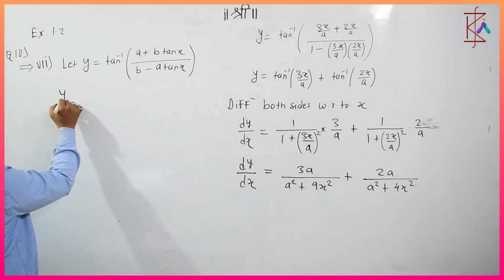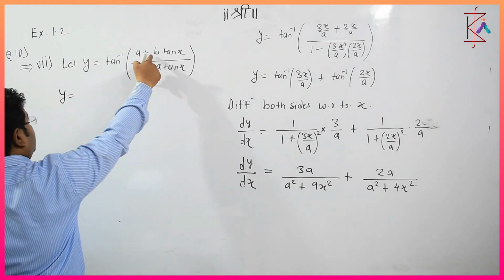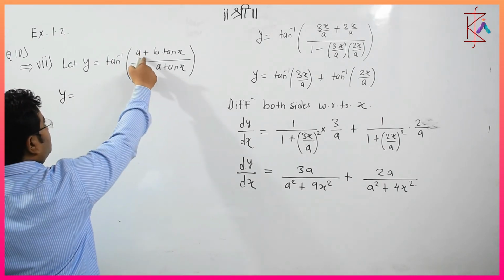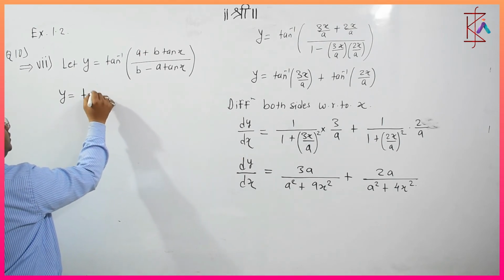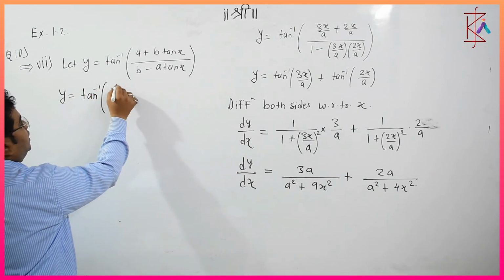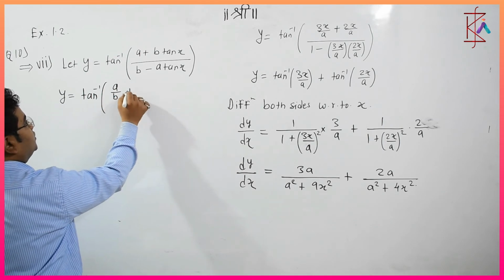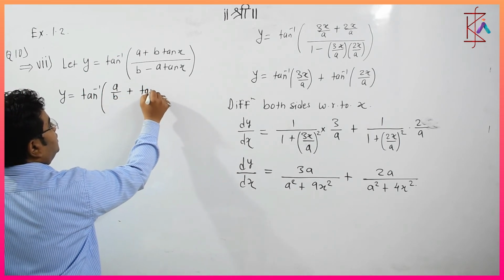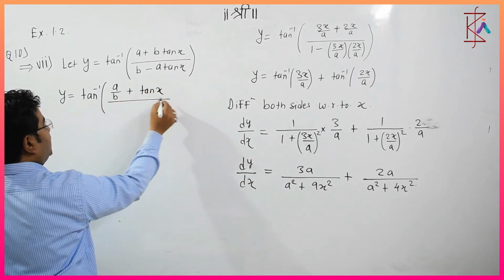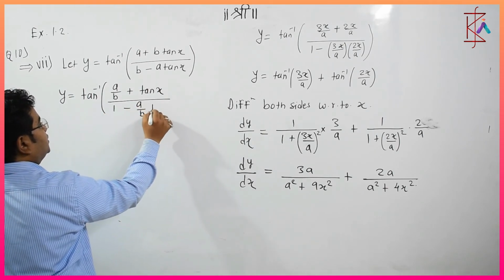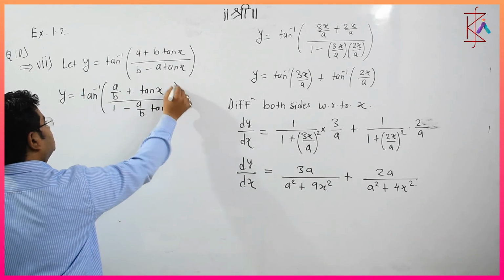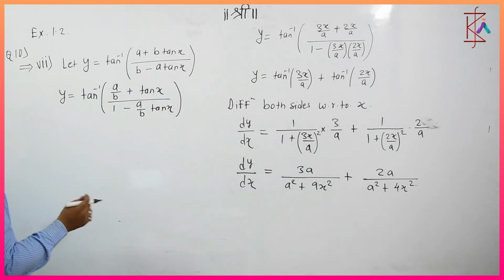So y is equal to, dividing the numerator and denominator within the bracket by b, what you will get? tan inverse of (a upon b plus tan x) divided by (1 minus a upon b tan x). This is the main important step.